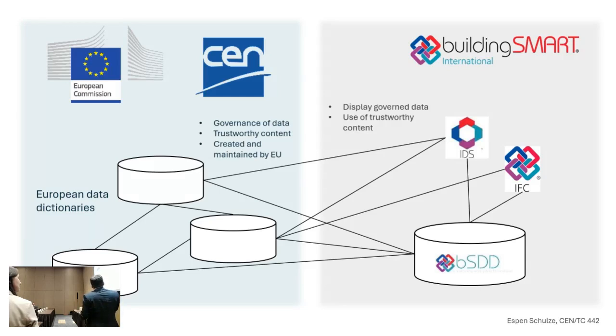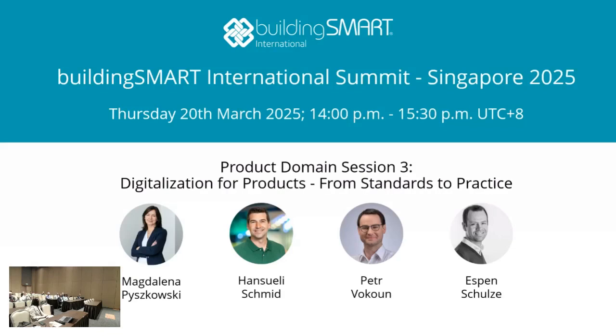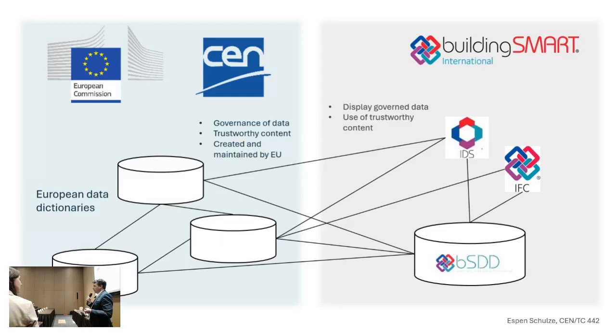Of course, we can share data between dictionaries. We can map data between dictionaries. We have to map data because in parallel there will be duplicate properties in different dictionaries. We have already existing classification systems. So there is actually a common understanding that this has to be done like that.